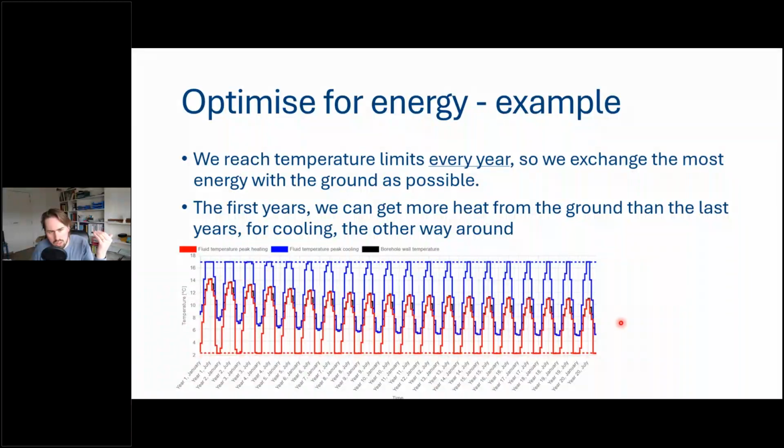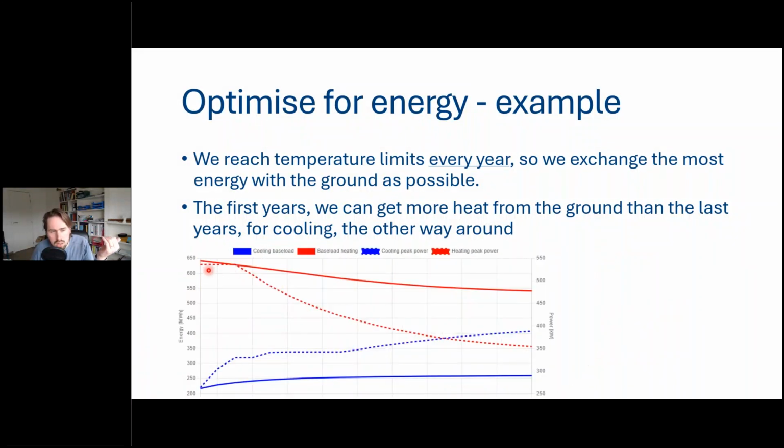The ground cools down year after year. So year after year, the amount of peak power we can extract from the ground will be lower. And also the full red line is the energy: we can extract less and less energy from the ground for our heating after the years. So year after year, our hybrid system should fill in the gap more and more.